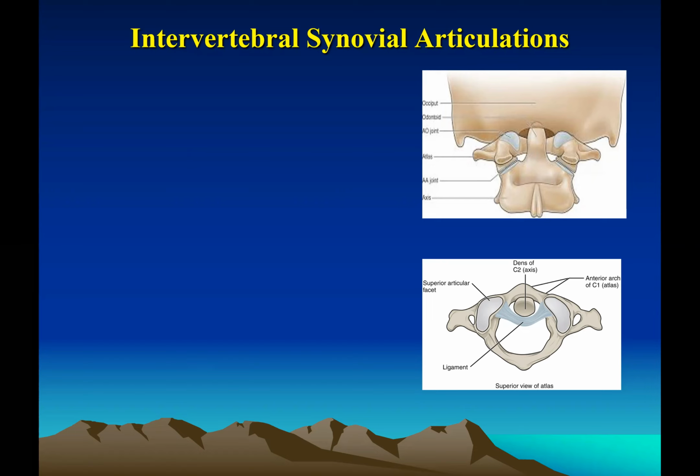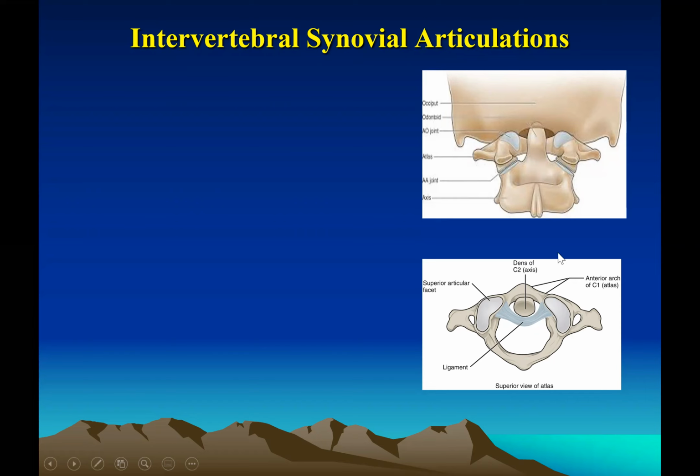These are called facet joints or zygapophysial joints. Here is an example of the atlanto-occipital joint. It's between the superior articulating process of the atlas and the occipital condyles. This joint helps to move the head up and down, like when you're shaking your head yes.